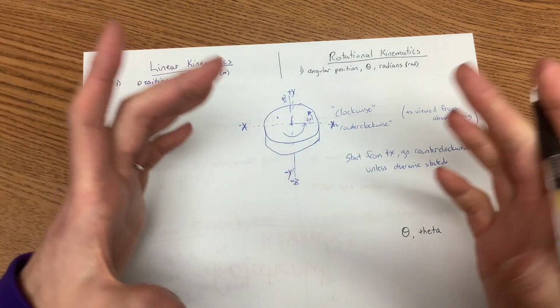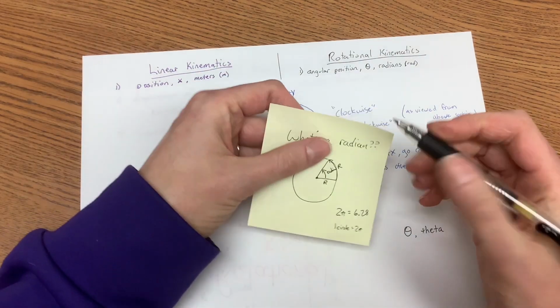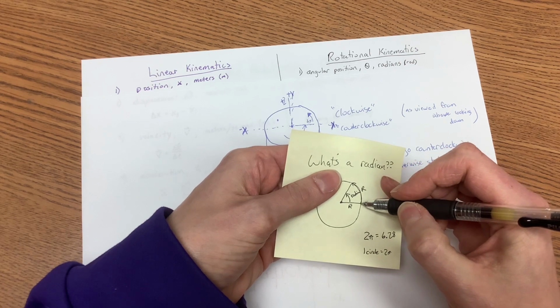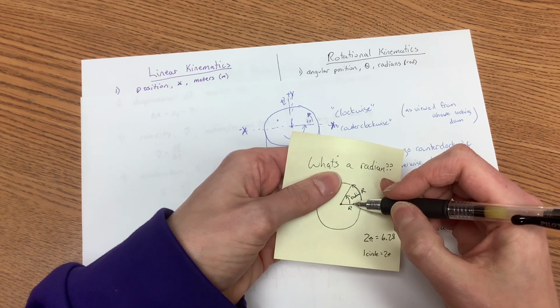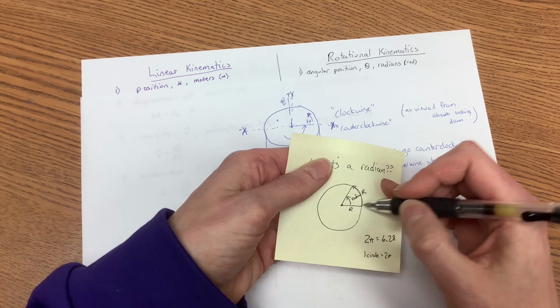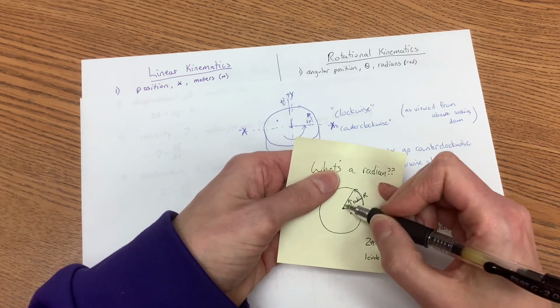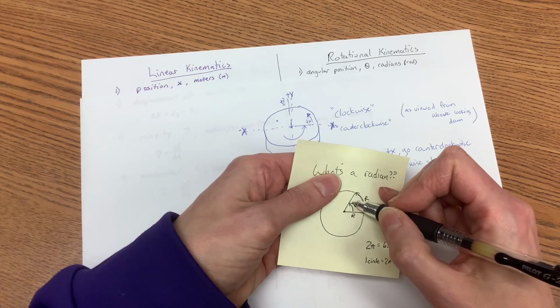If you were to measure out just one radius along the circumference, you will have gone an amount of a radian. So this whole thing is 2 pi radians, and 1 radian will get you an arc length of 1 radius. This is a radius, and this is a radius, and this arc length right here is a radius, and the amount that you have gone here would be a radian.